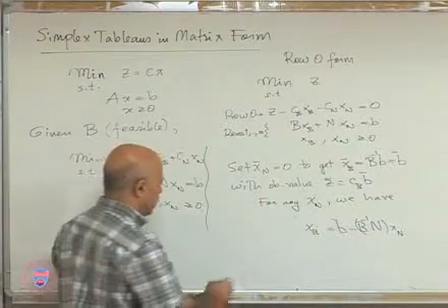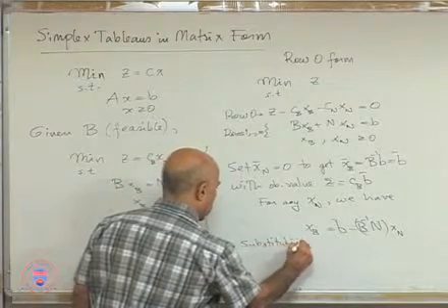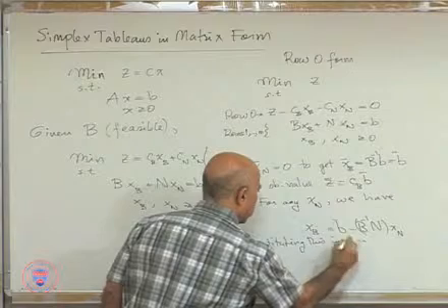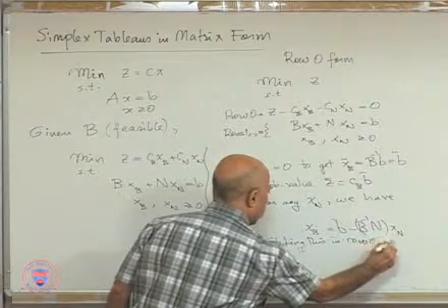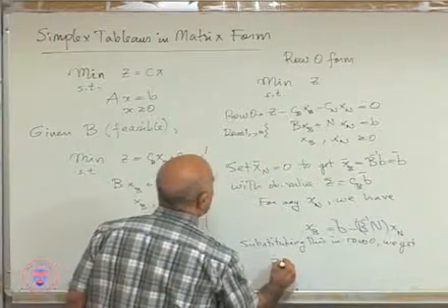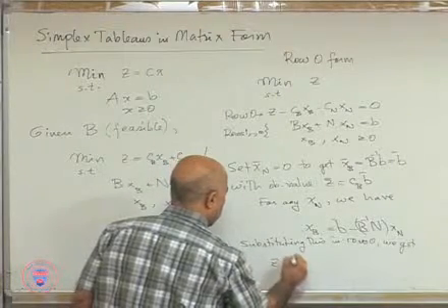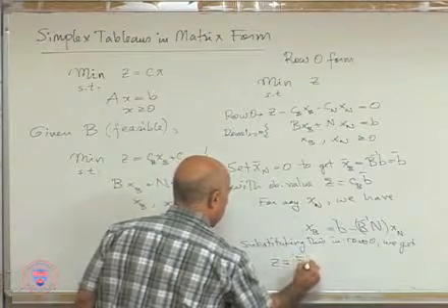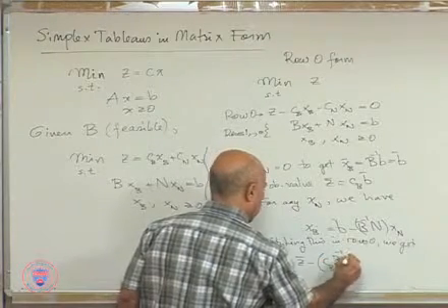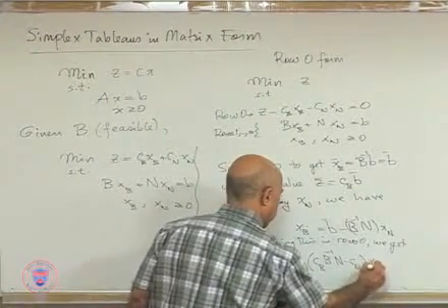All right. Substituting this in the objective function in row 0, we get, what do we get? We get z equals the current value z bar minus (CB B inverse N minus CN) times xN.